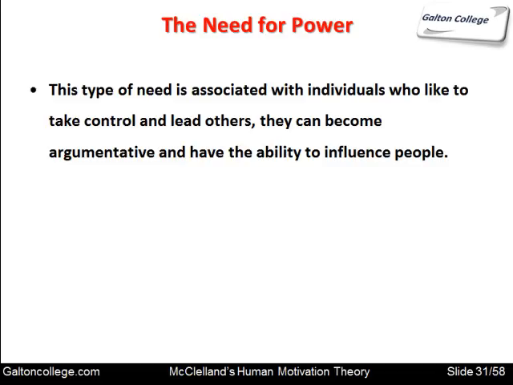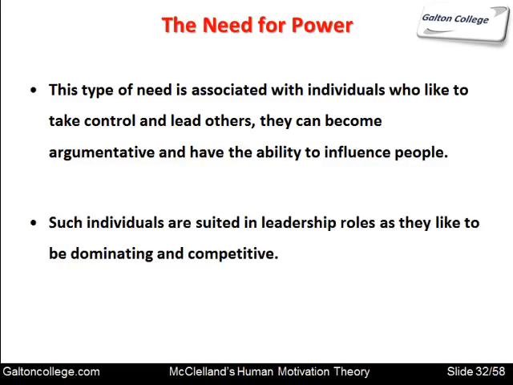They don't give up easily. So these people have a need to lead and to control. They may be suited for leadership roles as they like to dominate and be competitive. So the organisation will see someone who's strong in charge of that particular section or department.